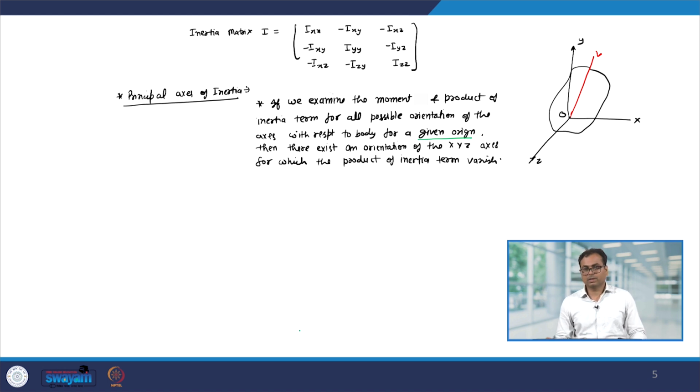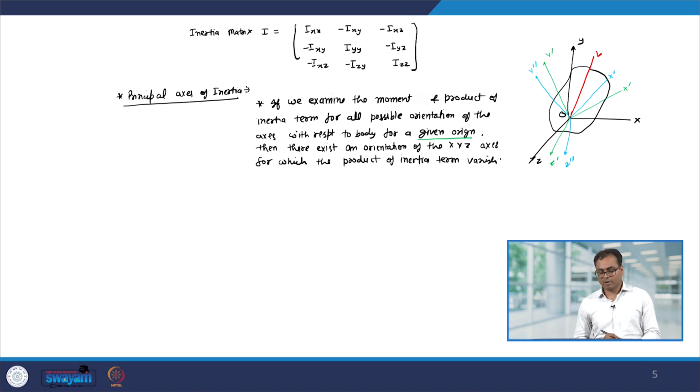Now, you find out the moment of inertia for all the possible orientations of these x, y and z axes. So, let us say one possible orientation is this x prime, y prime, z prime. Another possible orientation may be x double prime, y double prime, z double prime and so on. Then there will always exist some orientation of the x, y, z for which the product of inertia term will not be there. So, all these terms will become 0.